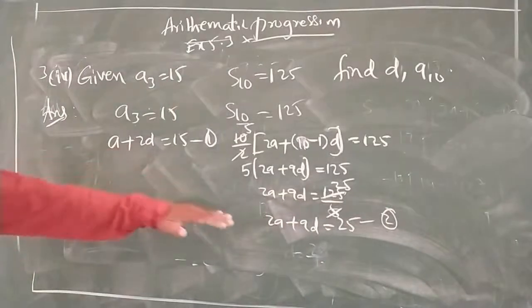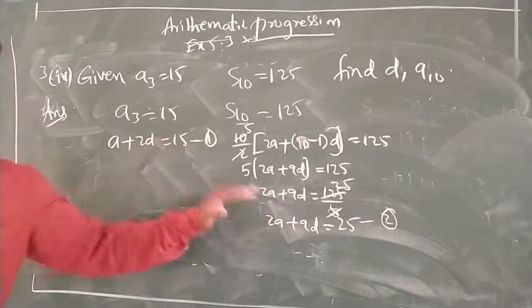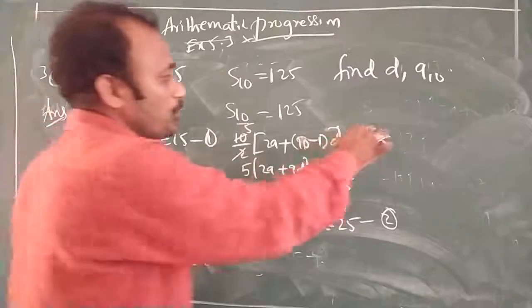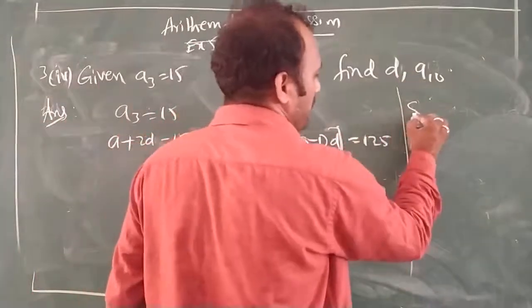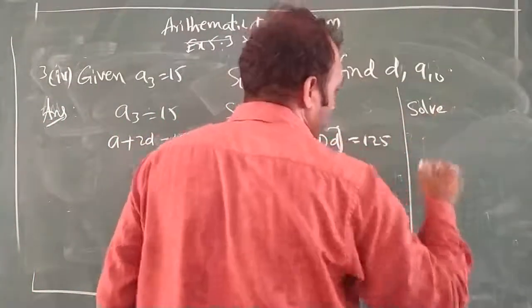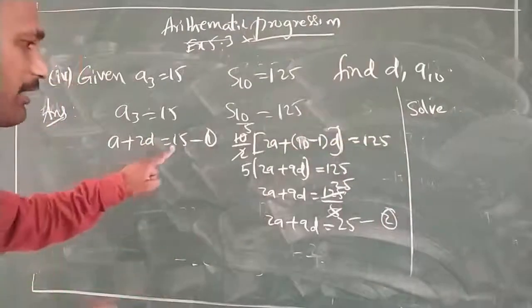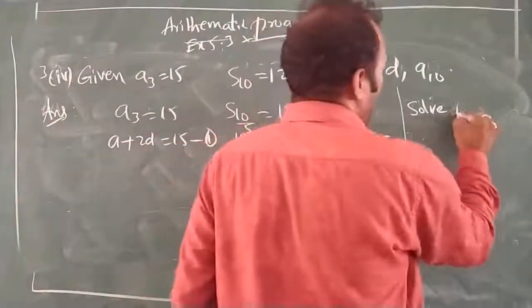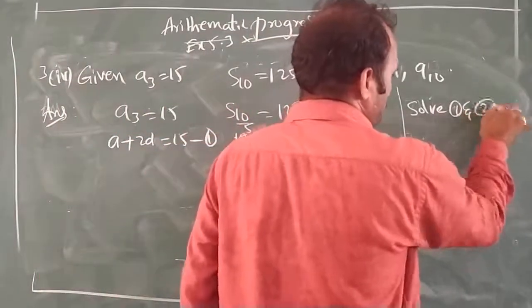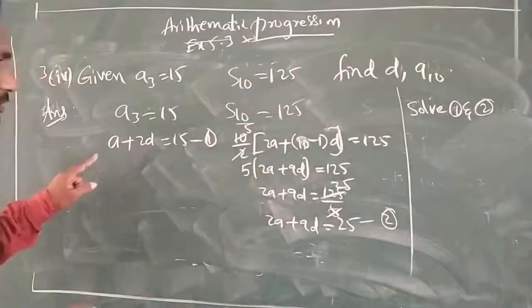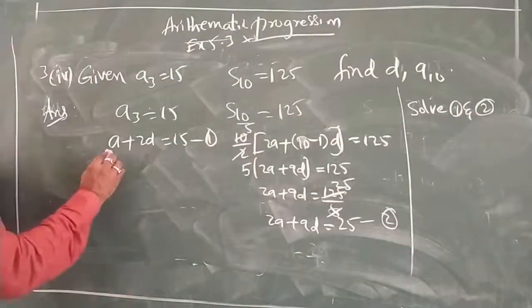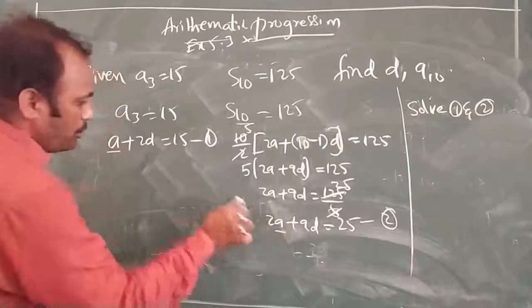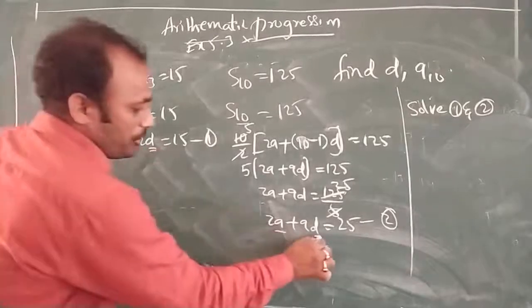So we got here two equations. We have to solve by the elimination method. Solving two equations by elimination method will come in our third chapter, pair of linear equations. Understand carefully here. Solve 1 and 2. Either we have to target the A value to cancel or else the D value to cancel.